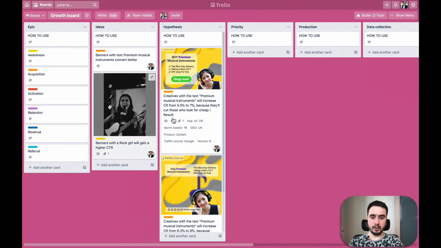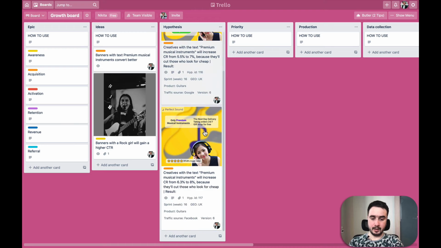So in our example, we have two hypotheses. One is creatives with the text premium musical instruments will increase conversion rate from 5.5 to 7% because they will cut those who look for cheap results. As you see, there are some additional fields here, and you see that this is for Google, for United Kingdom, and for guitar products.